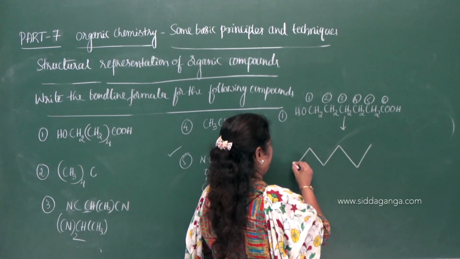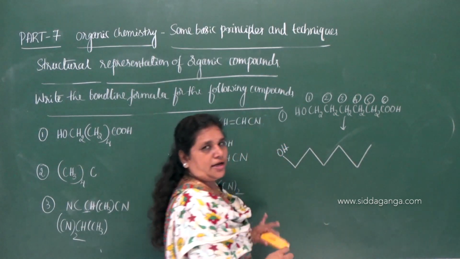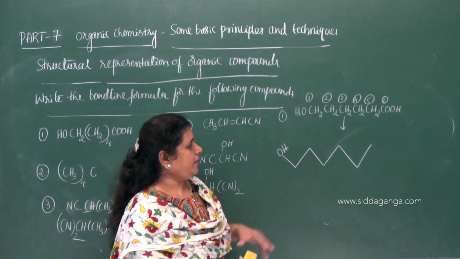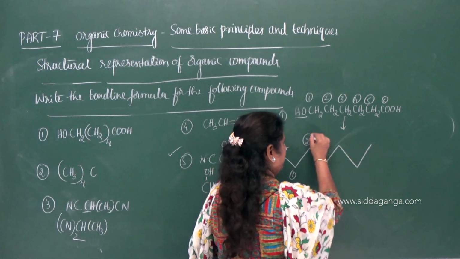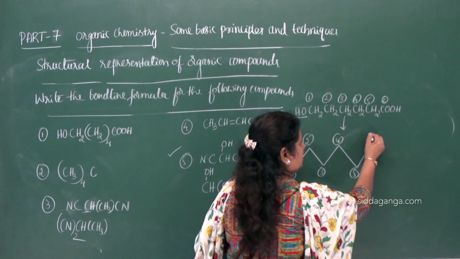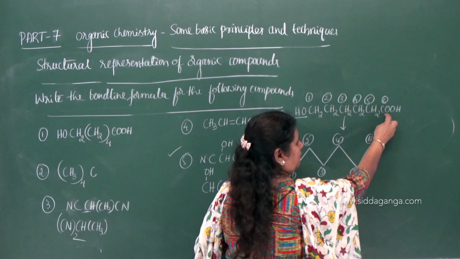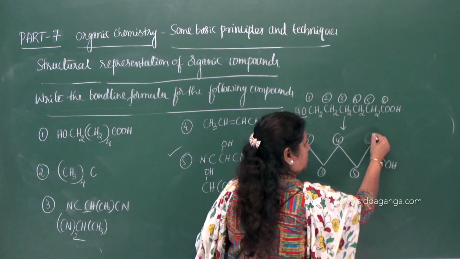At the first carbon we have the OH group. The functional group attached to the terminal carbon is OH. So this is the first carbon, second, third, fourth, fifth, sixth. At the sixth carbon we have C double bond OH.